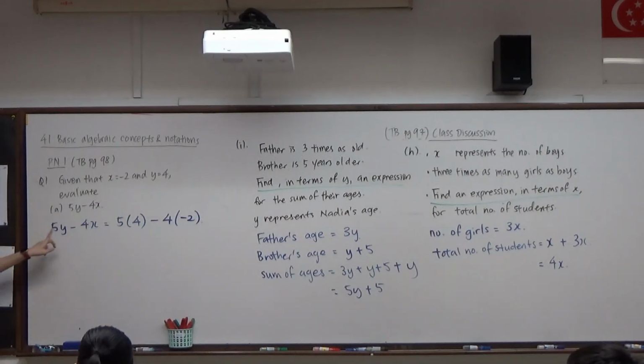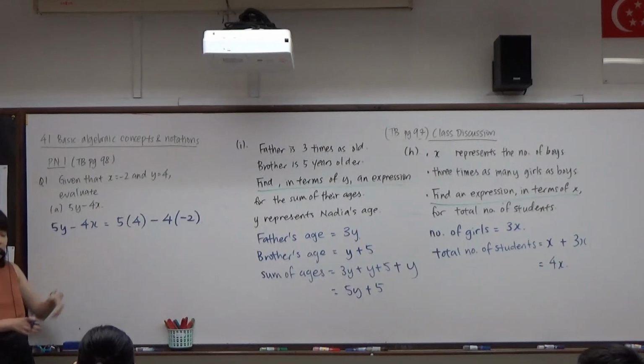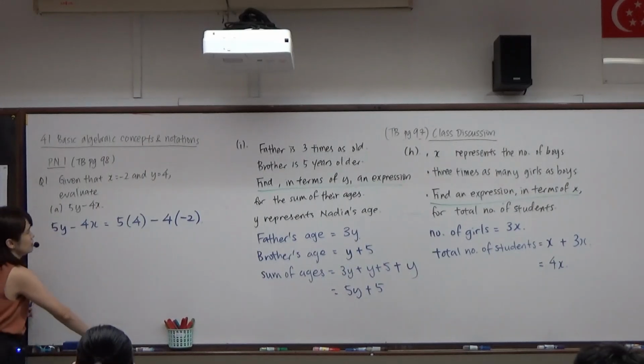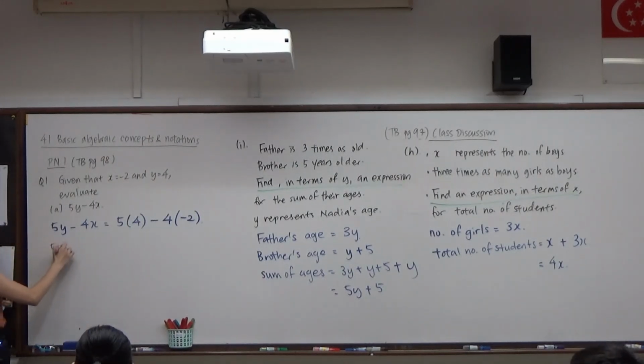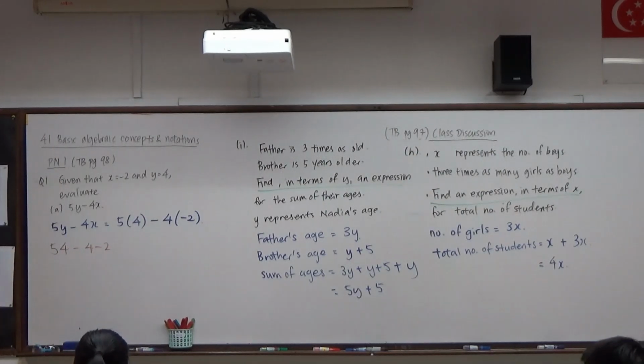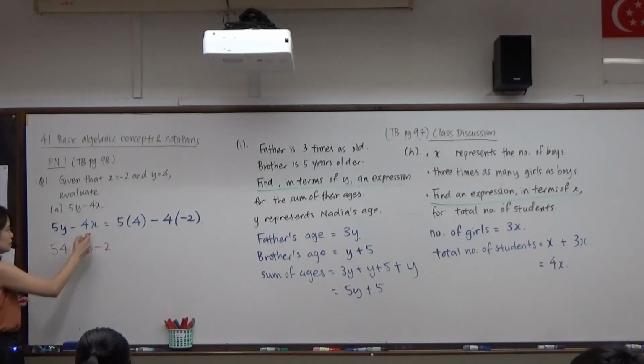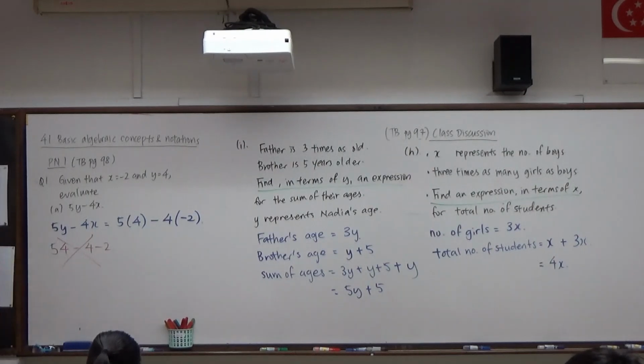When we replace a number for the individual variables that we have, we must put brackets around it. I cannot just put the numbers in without the brackets, because that means 54 minus 4 minus 2, totally different meaning from this one. So you cannot write it this way.